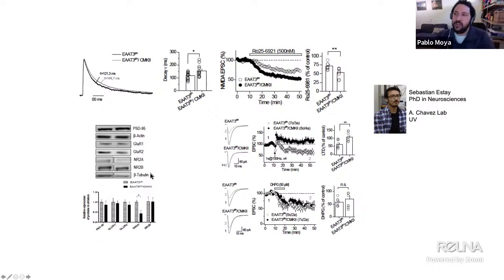And based upon these findings, we evaluated what happened in a long-term potentiation protocol, and we demonstrated that the corticostriatal synapses of the E3 overexpressing mice lose the glutamate-dependent plasticity, the classic one, as compared to the control mice here.